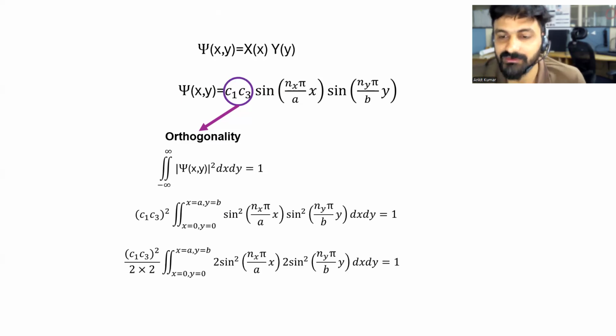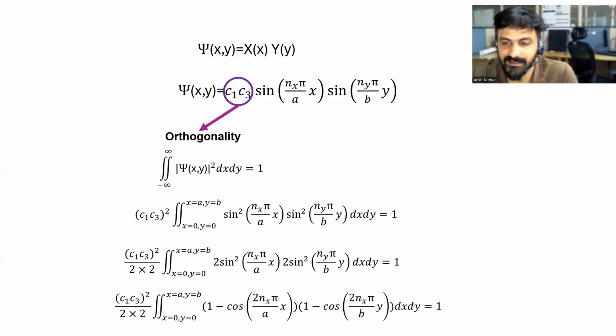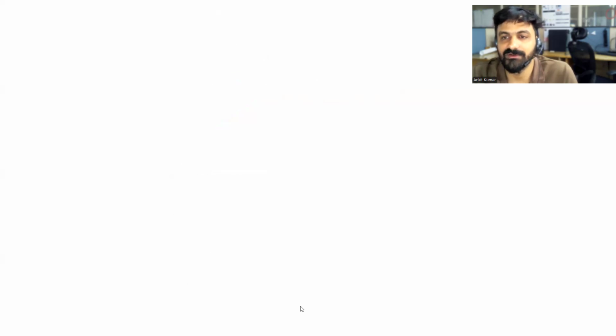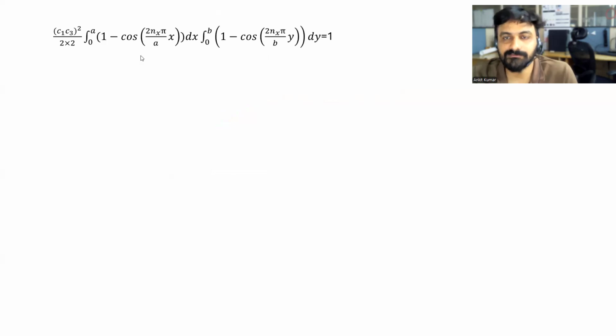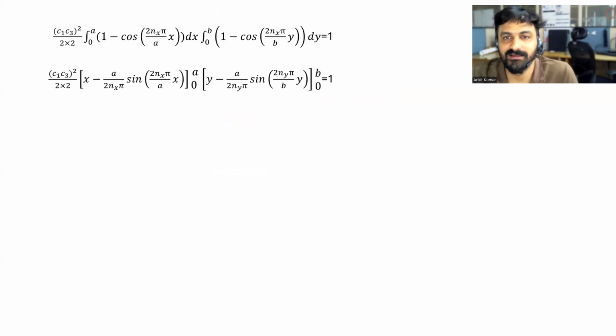Again, you will use trigonometric identities like 2 sine square theta equals 1 minus cos 2 theta, and this will get transformed into this particular form. Once you do this trigonometric identity expansion, you have to do the integration.